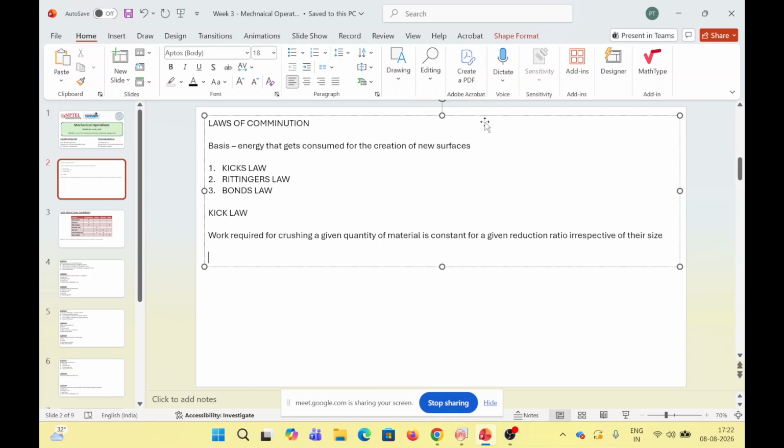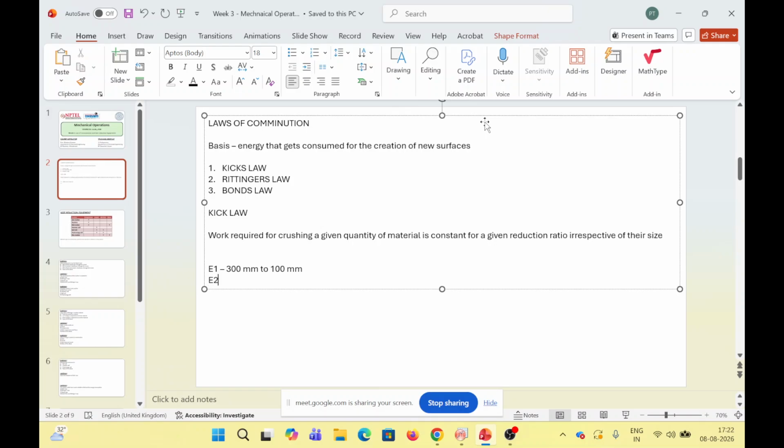What it typically means is, let's say E1 is the energy required for breaking down a particle which is approximately 300 mm in diameter to 100 mm in diameter.